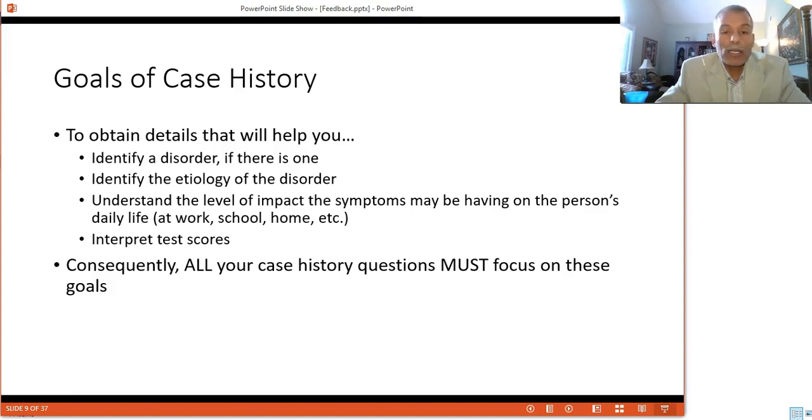So, let's say someone has memory problems, attention problems, and difficulty comprehending paragraphs, and in their case history, they have a history of recurrent middle ear infections. Of course, that is a causal factor, and that is most likely something I'm going to focus on and test, because of the relationship between recurrent ear infections and these areas.